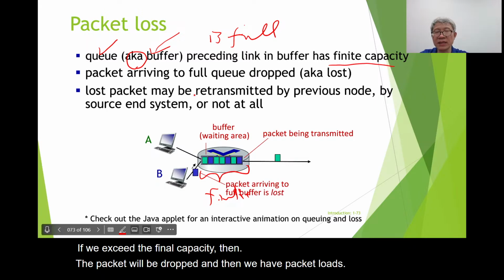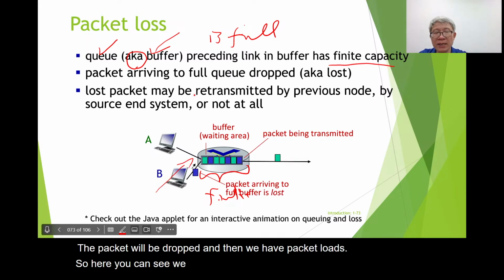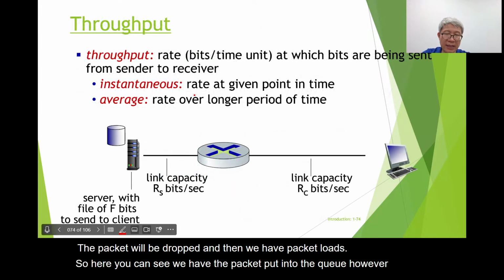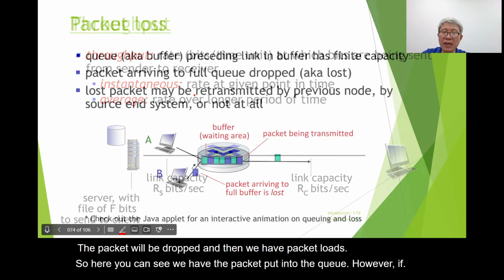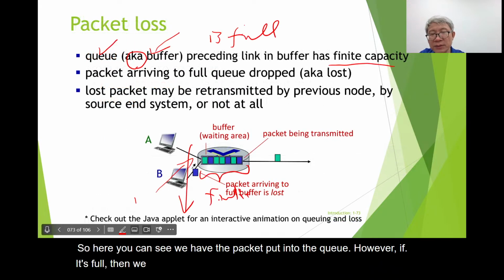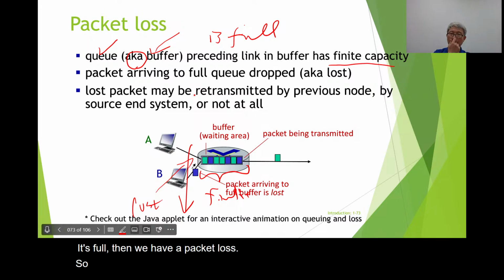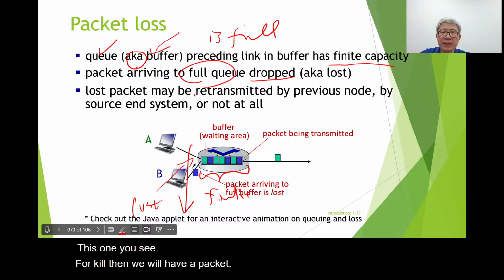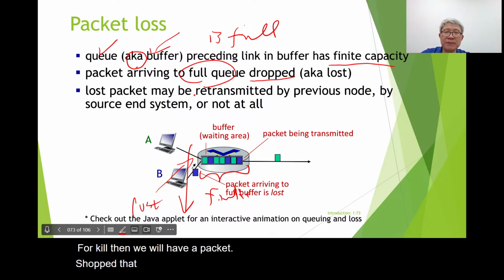So here you can see the packet is put into the queue. However, if it's full, then we have packet loss. We have a lost packet here. You see, with a full queue, a packet will be dropped, that says packet lost.